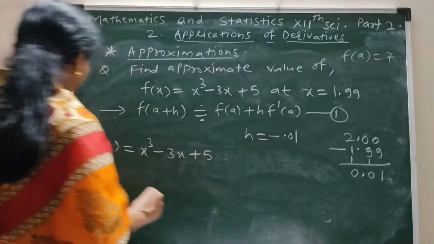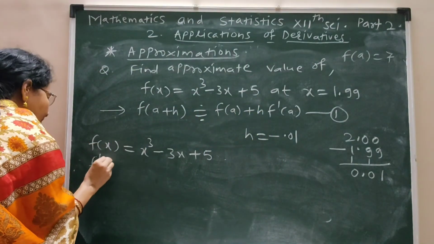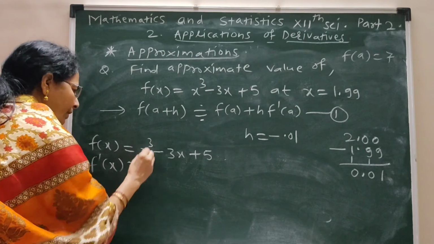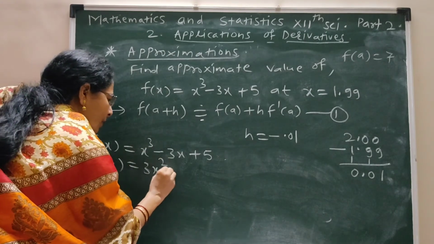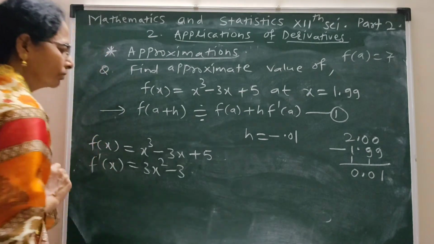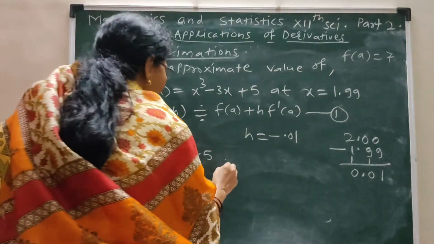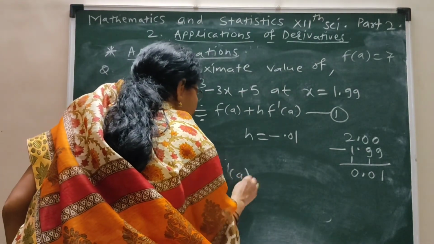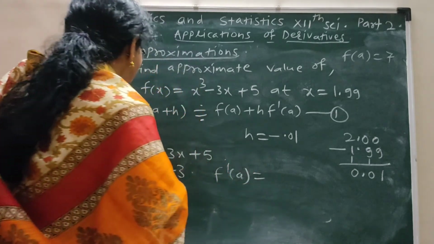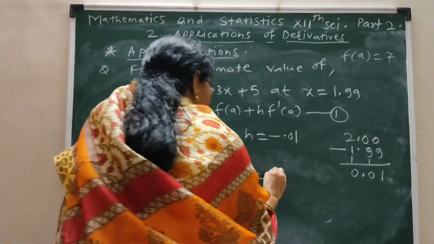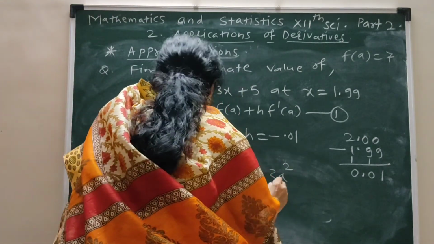Next is f dash x, which is 3x square minus 3. So f dash a is 3a square minus 3.